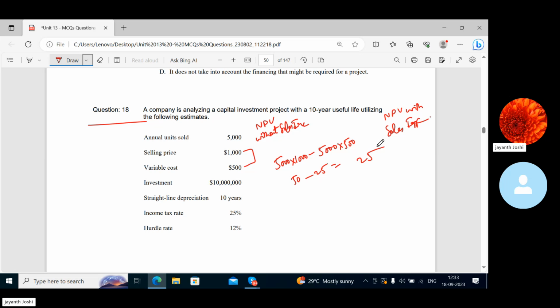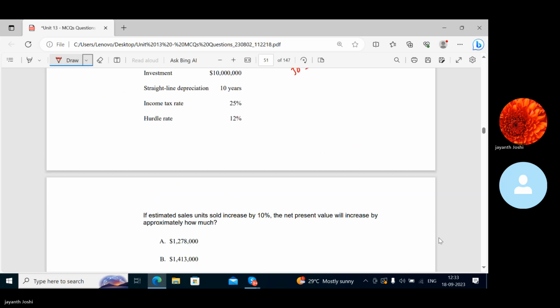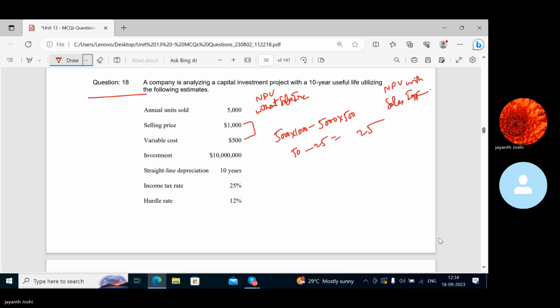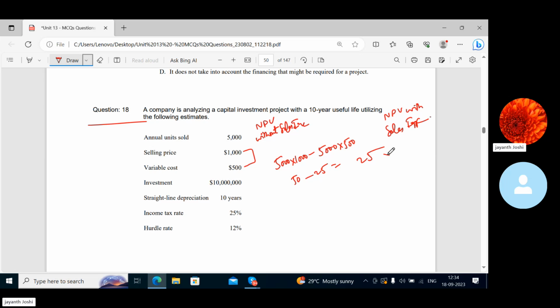And the tax on this we will take. What is the tax rate? 25%. So we are going to take only like 75% of this, 0.75. How much is that? 18.75, right?